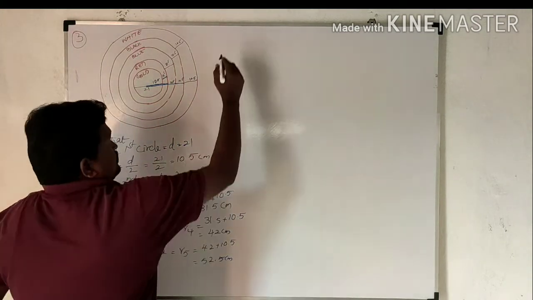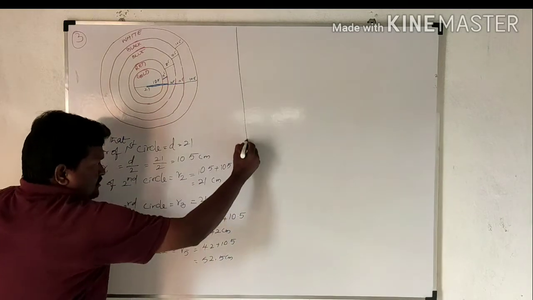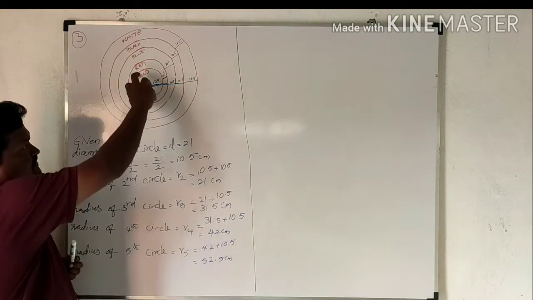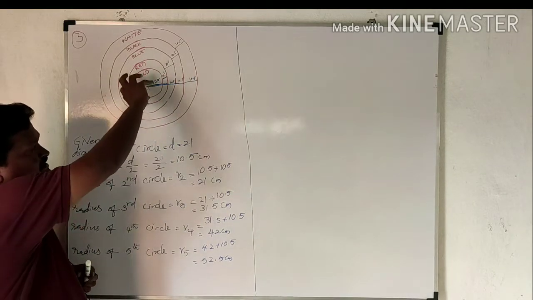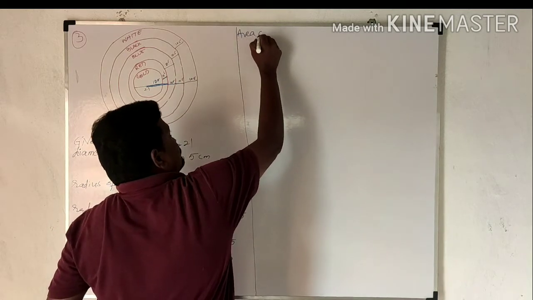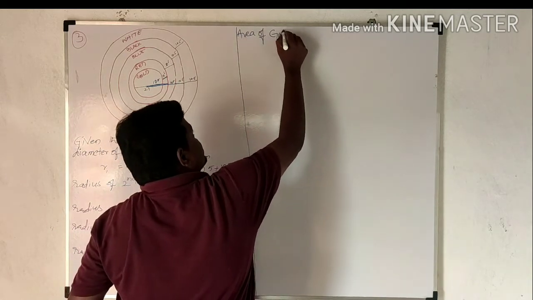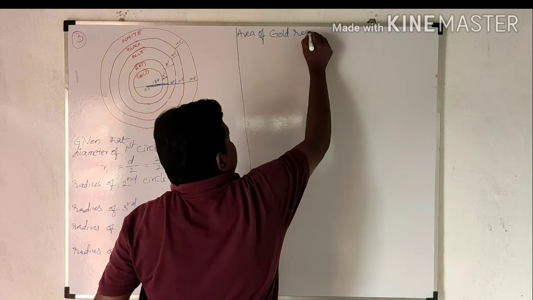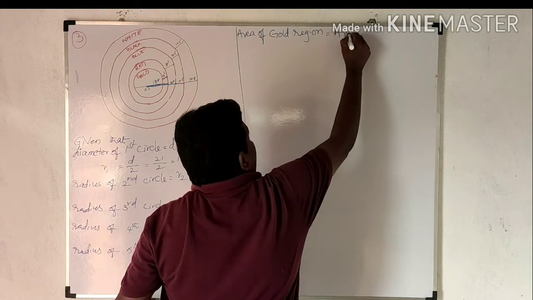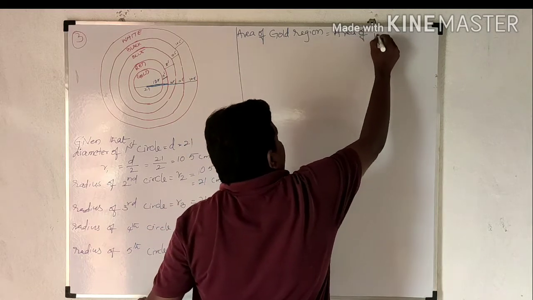Now let us find the area of all the circles. First circle, the gold region. The gold region area means the area of the first circle. Area of gold region is equal to the area of the first circle.